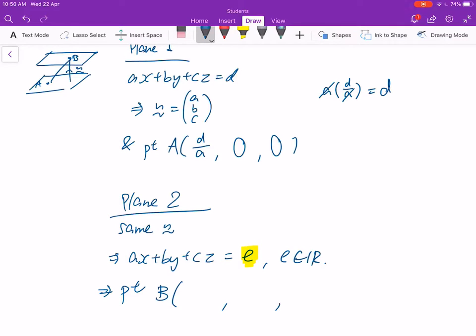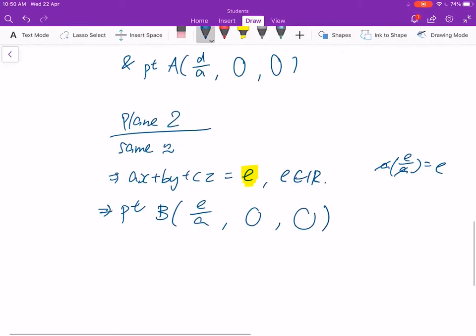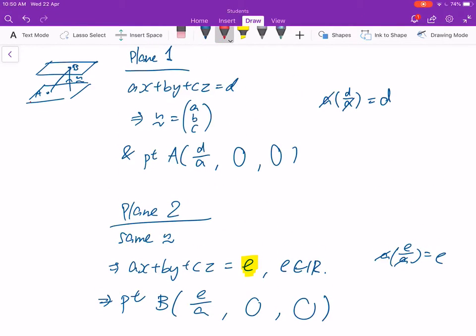Okay, now I want another point. Put a 0, 0. Use the same trick. A times something equals to E. So I can create this happy cancellation. Okay, so point A I have, point B I have, and the normal I have. Again, you put your fingers here and you realize this is a dot product.